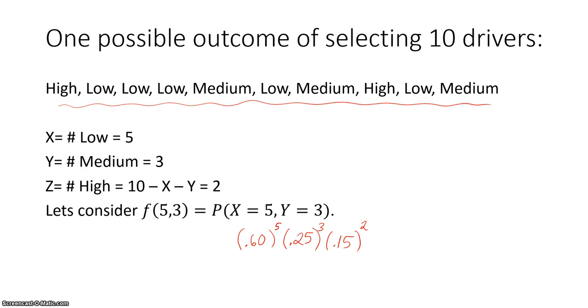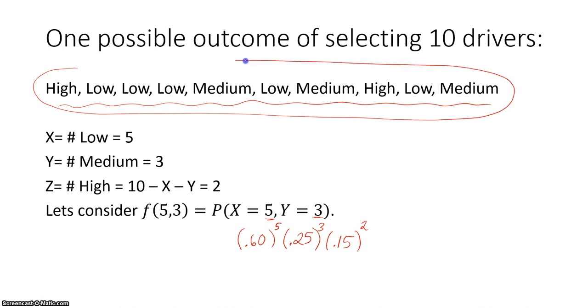But in order to find the total probability that we'd have 5 low-risk drivers and 3 medium-risk drivers, we have to consider how many ways we could have those numbers occurring. And we're going to go back to what we learned in our counting methods, where we said, okay, how many distinguishable permutations of these highs and lows are there?